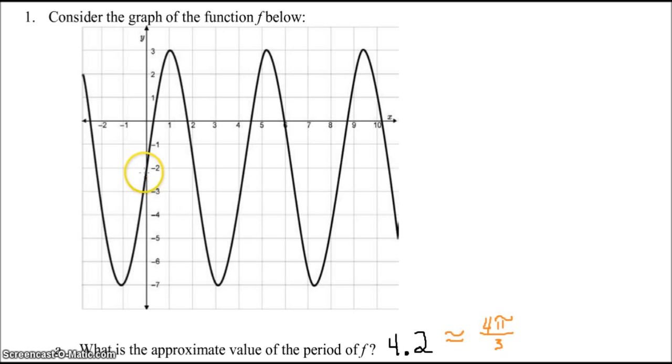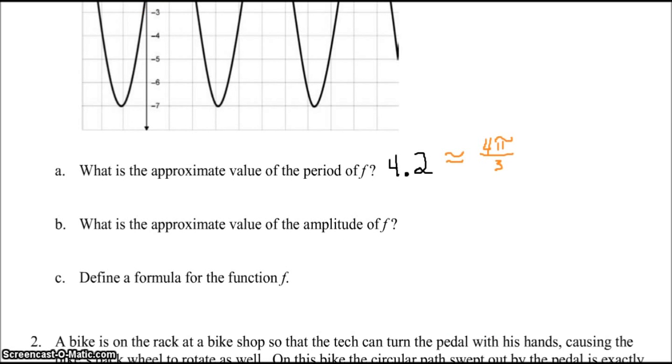It's hard to say. There's no explanation at all in the answer key. It looks like, if we start here, there's 1 revolution, 2 revolutions. I don't know how they got that. That's weird. So yeah, it's 4.2. If you know how to get 4 pi over 3, let me know.